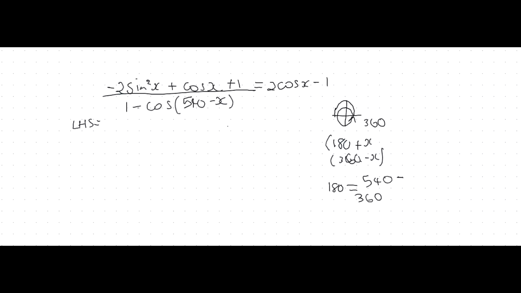Earlier, I did show you the identities. Since I find myself getting sine squared theta, I can derive from cos squared theta plus sine squared theta is equal to 1, and make sine squared the subject of the formula. So now I replace it with 1 minus cos squared x, plus cos x plus 1.